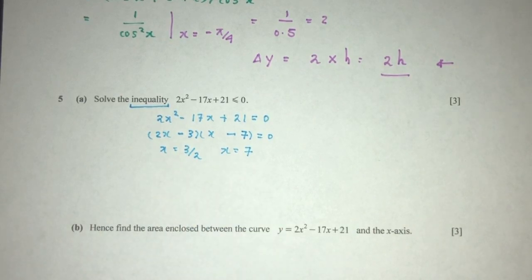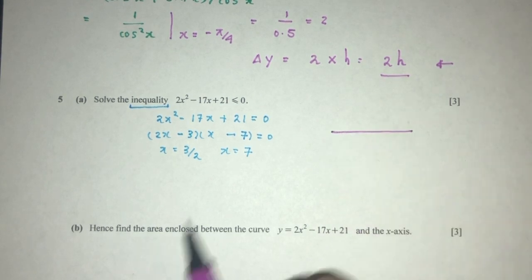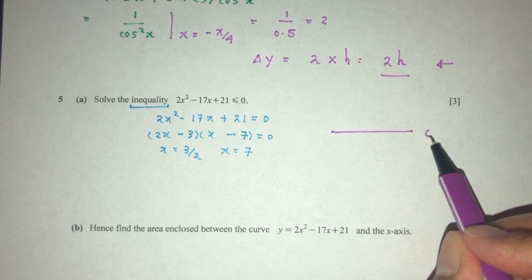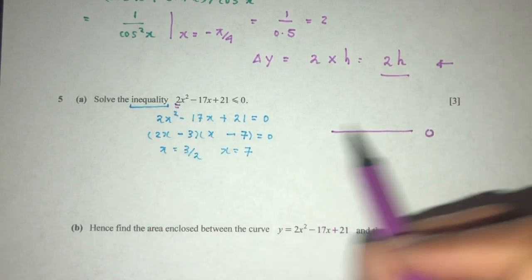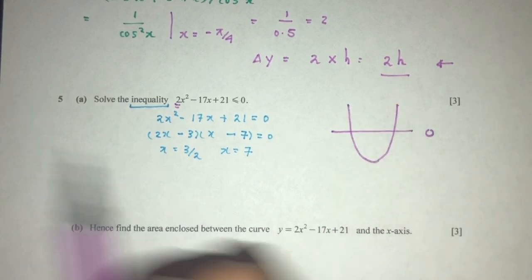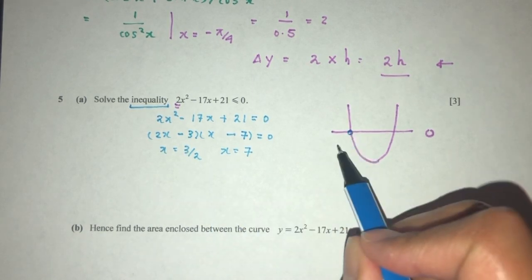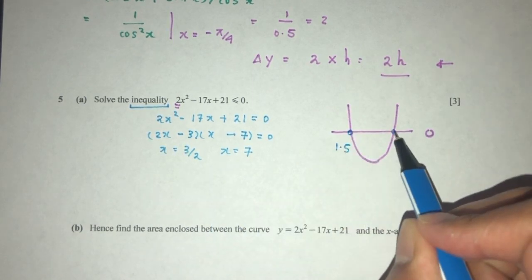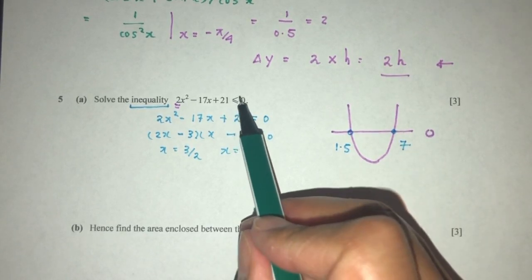It is not your answer, right? It is just the values at the borderlines, at the limits. So we have to draw a graph to find the answer. For example, here will be the line of 0. Now because here we have a positive coefficient, we understand the shape of the graph will be a minimum curve. That's the main idea behind this. Now this one obviously will be here, which is 1.5, and this is 7. As you can see, we need the value to be less than 0.